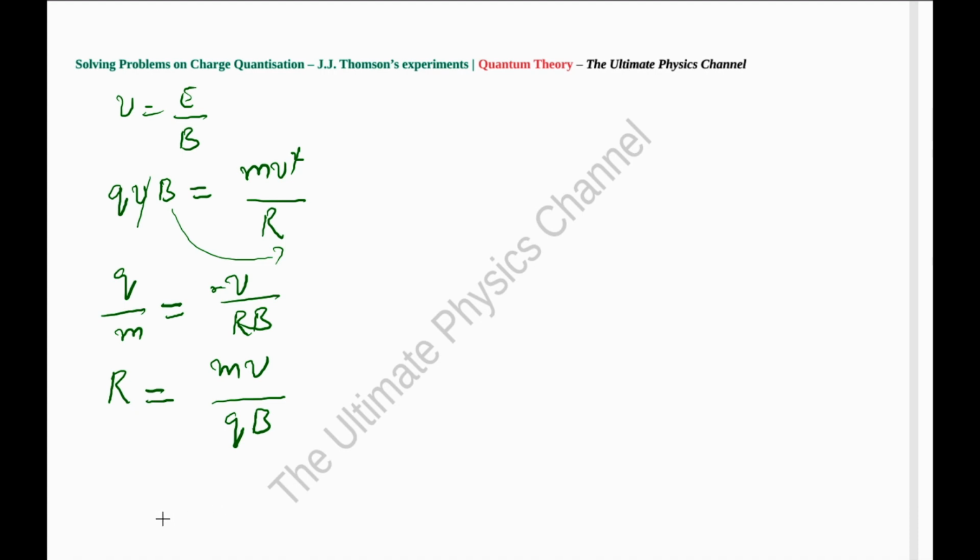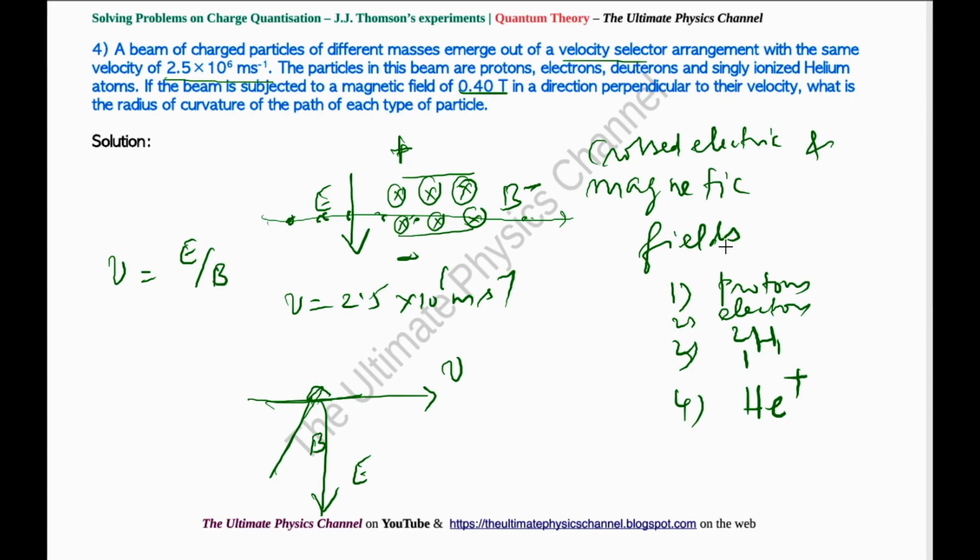Now the charge of the particles have to be same. Please remember that in a velocity selector arrangement, if you have a mixture of particles in the beam, the only condition or requirement is that their charges must be the same. So you can clearly see that in the question, the charges that are given are the same. Electron has a charge of e = 1.6 × 10^-19 coulomb.